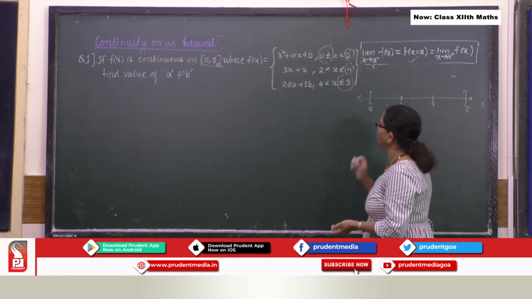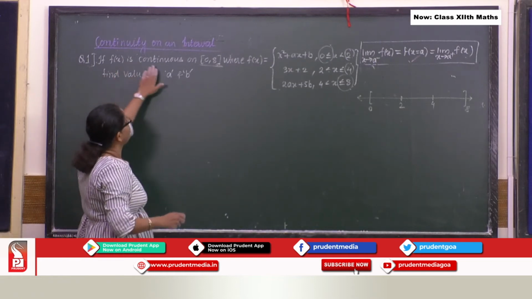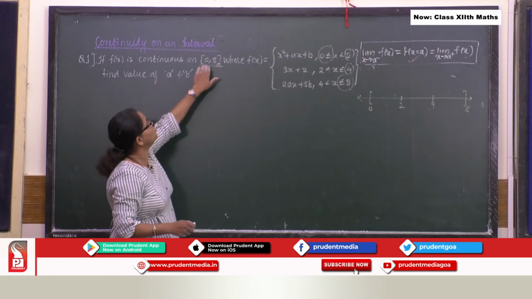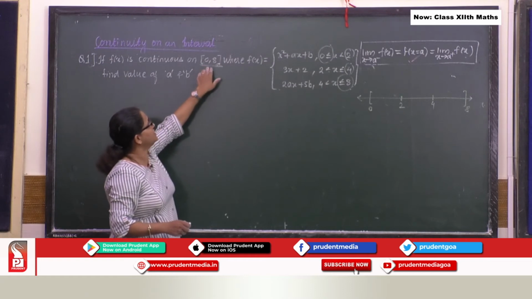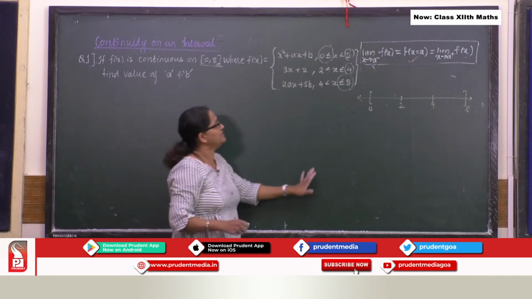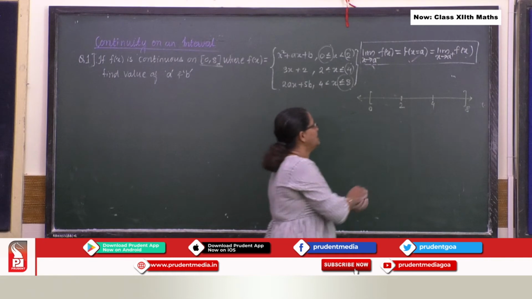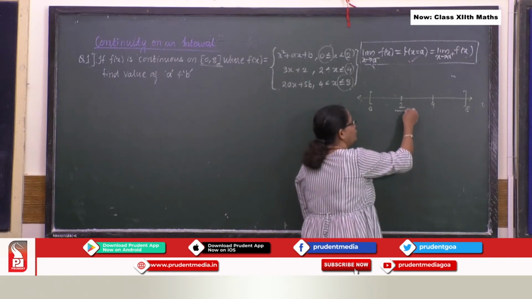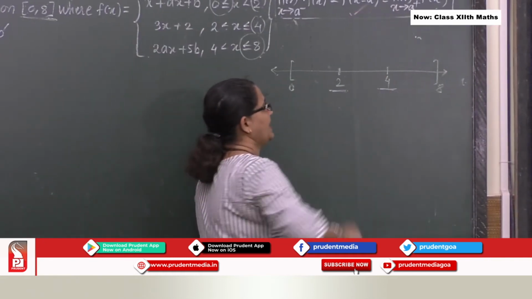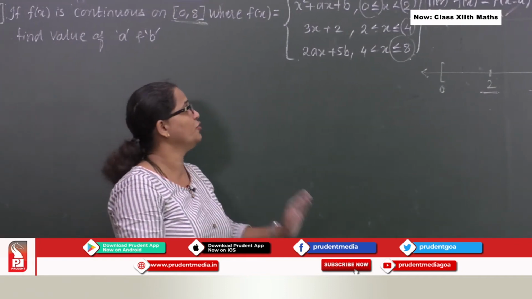So now I am saying the given particular function is continuous over this closed interval 0 to 8. That means the function is continuous at x equal to 2 as well as at x equal to 4. This is very, very important for you to understand.